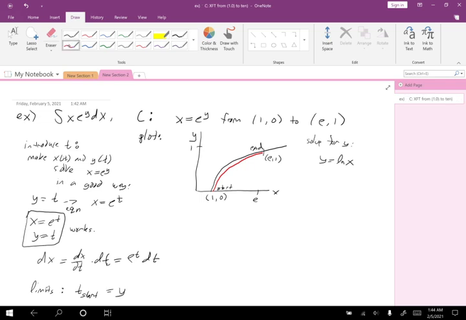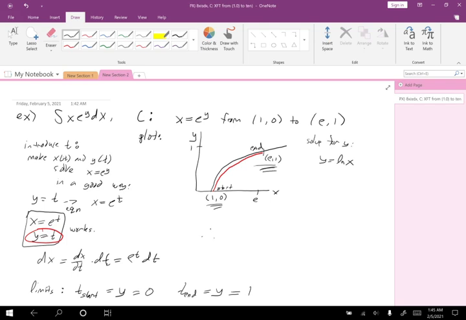Because that was our nice choice that we used. And y is 0 at the starting point. Okay? And t end is again just y. And so now if we look at the end, y is 1. So that's what we use for t.